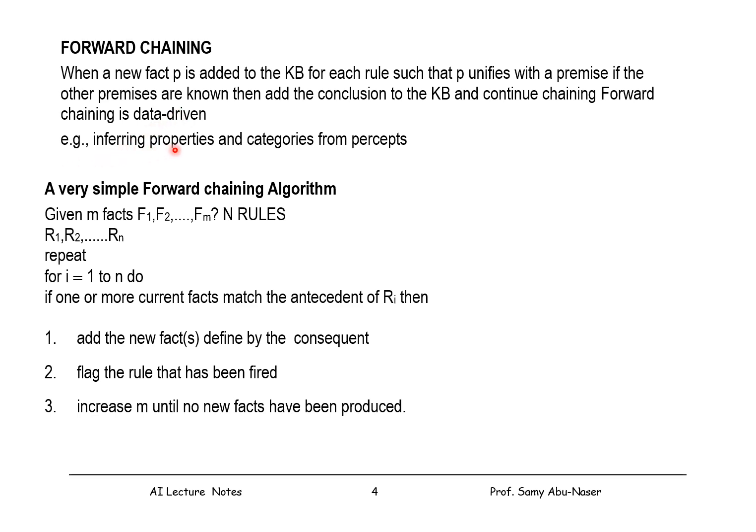Example: inferring properties and categories from pair sets. A very simple forward chaining algorithm: given m facts f1, f2 to fm, and rules r1, r2 to rn, repeat for i from 1 to n: if one or more current facts match the antecedent of Ri, then add the new fact or facts defined by the consequent.